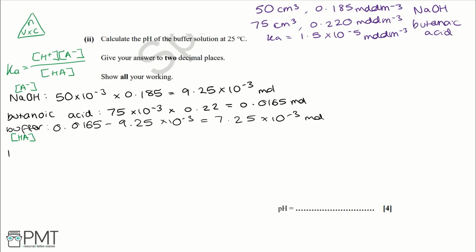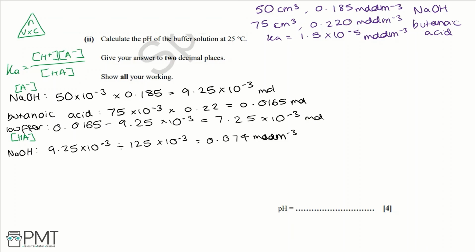So for NaOH, that's going to be 9.25 times 10 to the negative 3 divided by 125 times 10 to the negative 3. We're using the same equation triangle as we did for part 1, and that's going to equal 0.074 moles per decimetre cubed.